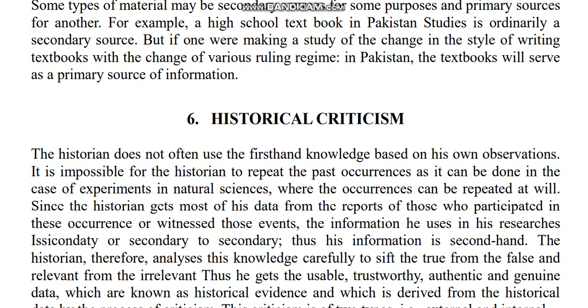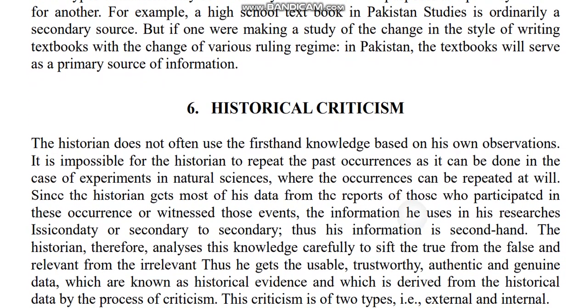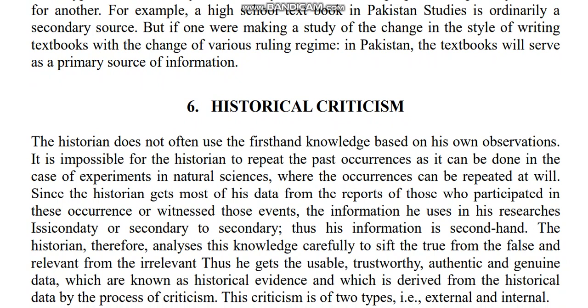Next, we have historical criticism. The historian does not often use first-hand knowledge based on his own observations. It is impossible for the historian to repeat the past occurrences as it can be done in the case of experiments in natural science, where the occurrence can be repeated at will.